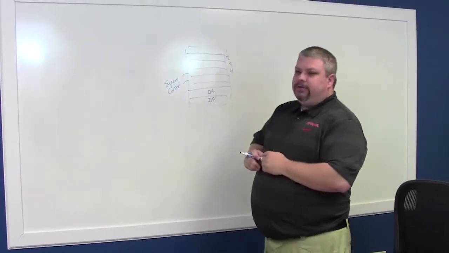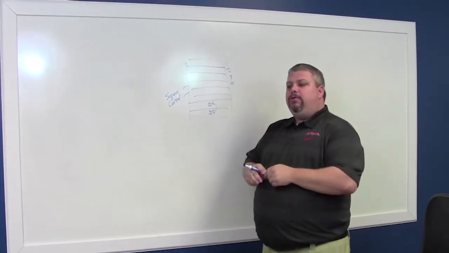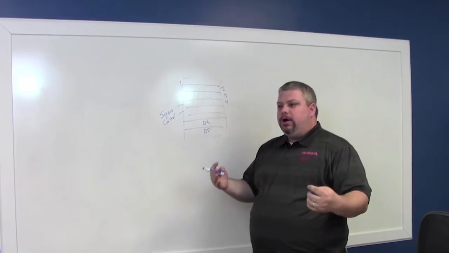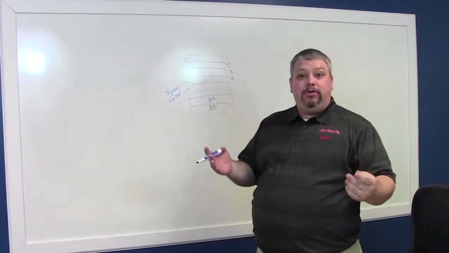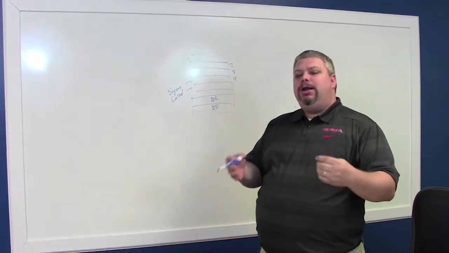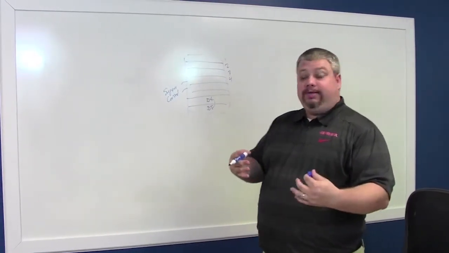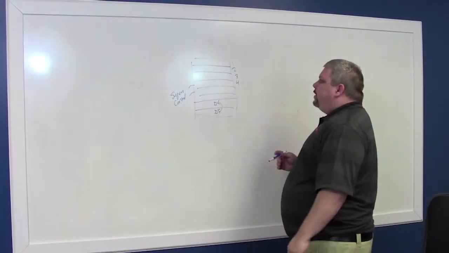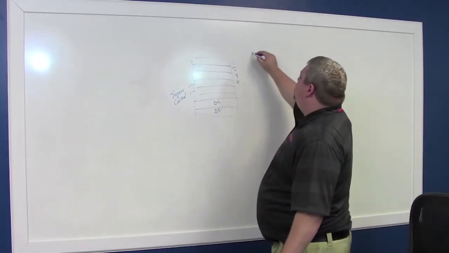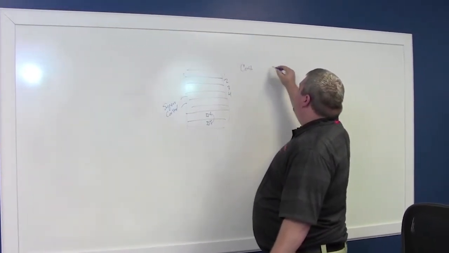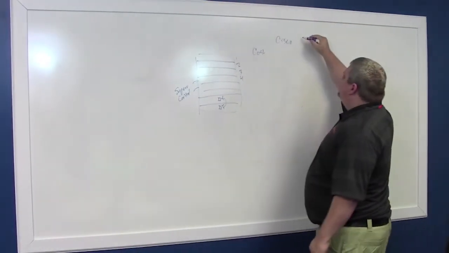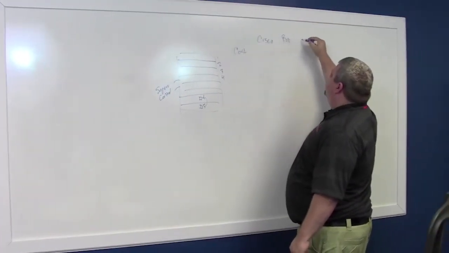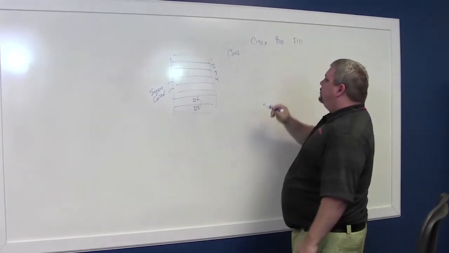So when you go out and you're looking for a chassis switch, there's a multitude of options. How do I know which one's the best for us? So let's talk about something everybody wants to know about. Cisco, Brocade, and Force10. All right.